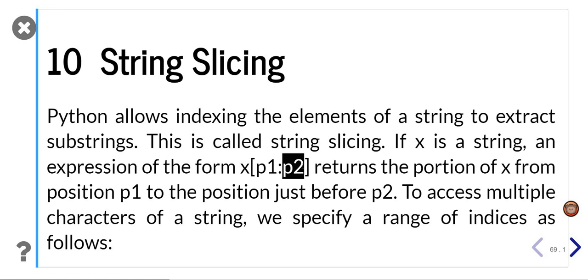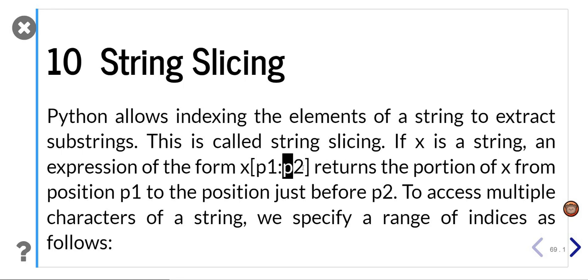This is one thing you have to understand whenever you are using a range of indices. The first one is always inclusive. Inclusive means whatever value you put here, if index 1, you are taking from index 1.